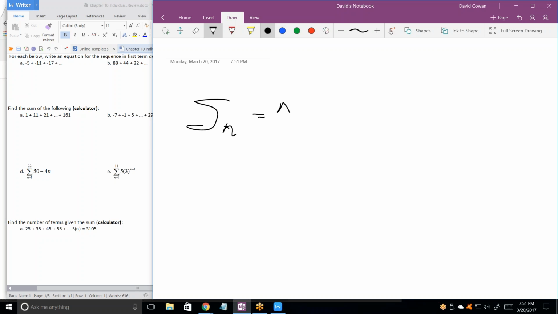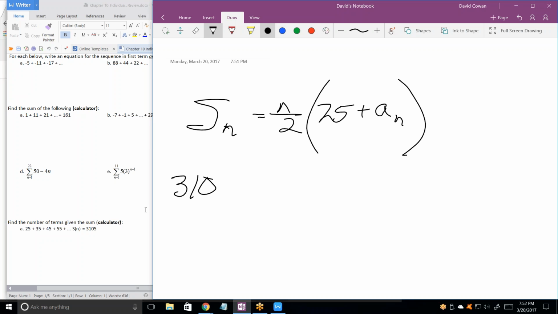It's n over 2, and then 25 plus a sub n. In other words, whatever that last term is, which they're not giving us. So if I remember right, what she did in her key was she wrote the sum there. I'm trying to solve for n.